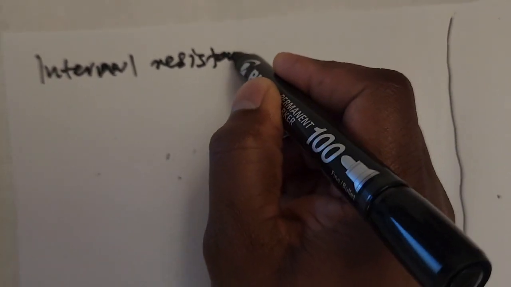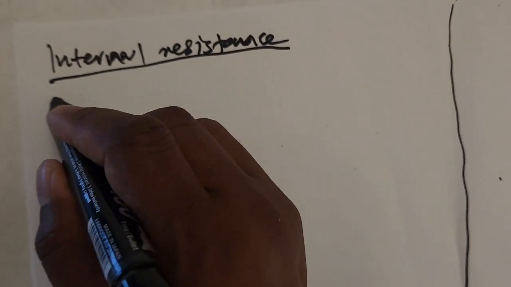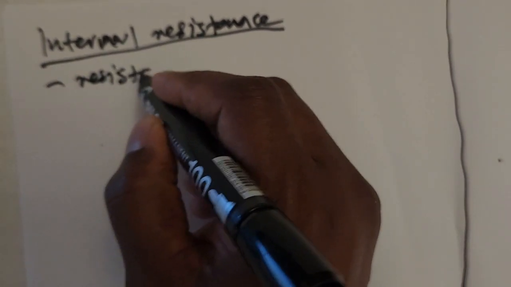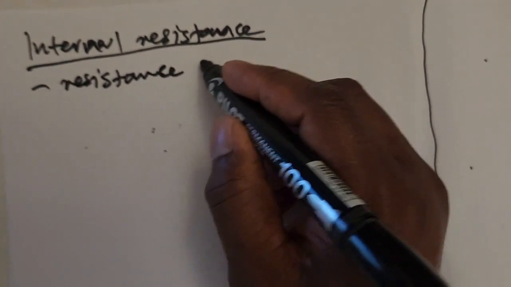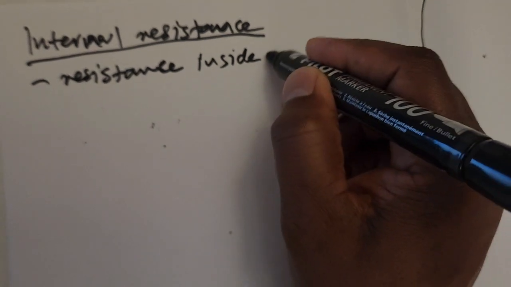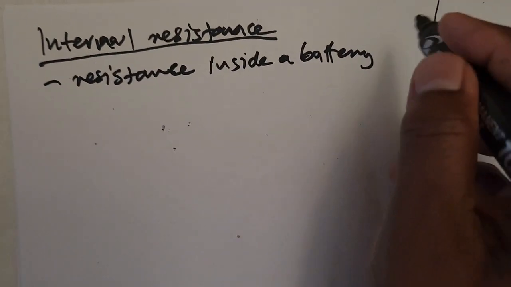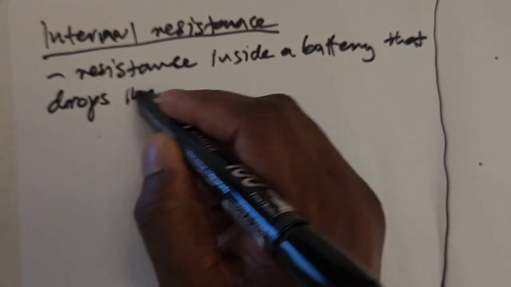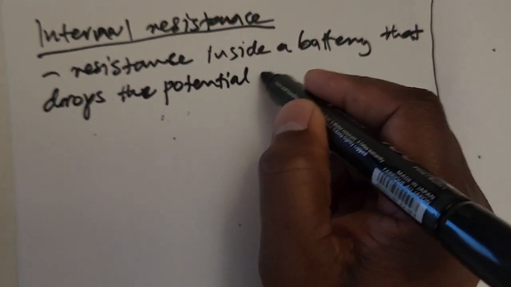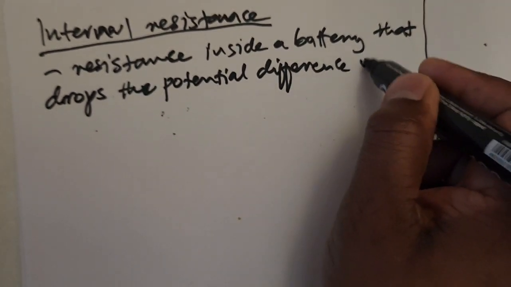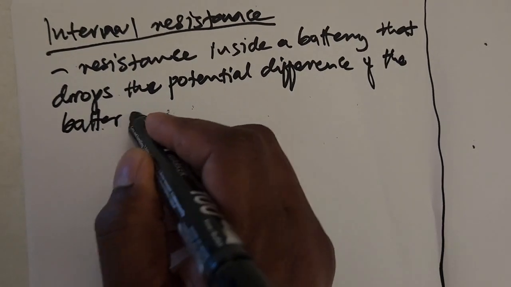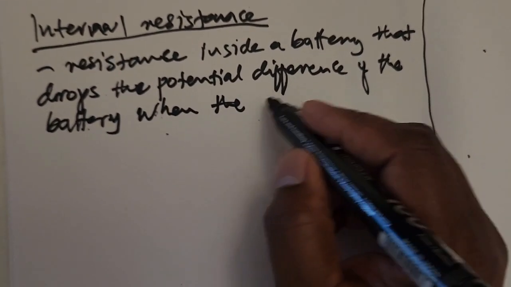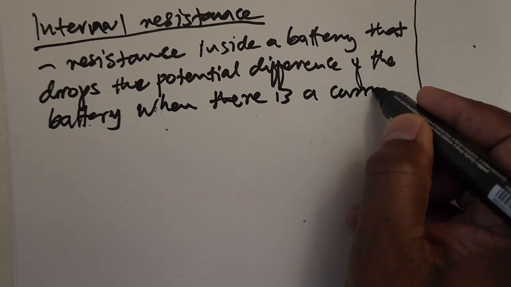This is the resistance inside the battery, or within the battery, that drops the potential difference of the battery when there is a current in the circuit.